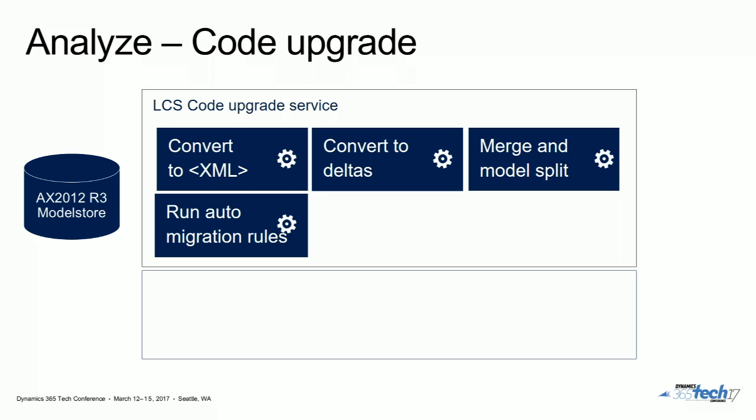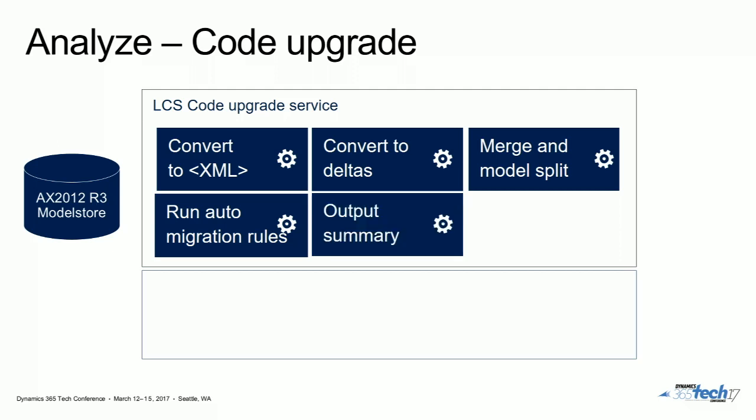So simple things like, if you'd overlaid a menu, it will convert it to a menu extension and delete the overlay that you had on the menu, because there's only one way you could have done that, and it's safe for it to make the change. And some simple things like that it will just do. For anything that it can't do, it will log a task in VSTS and tell you what the conflict was that it found.